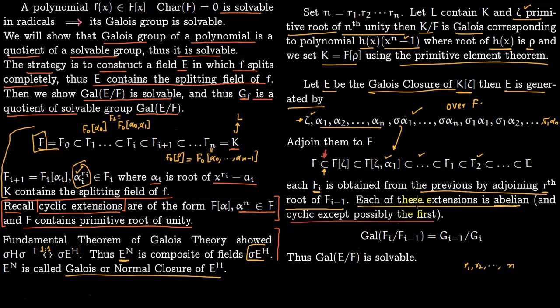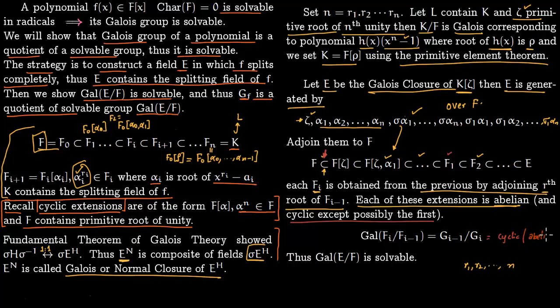So the Galois group of this f_i over f_{i-1}, this is precisely g_{i-1} over g_i. So now corresponding to every field you have the corresponding Galois groups, and therefore this is solvable because this is cyclic. We are saying this is cyclic, or it is abelian.